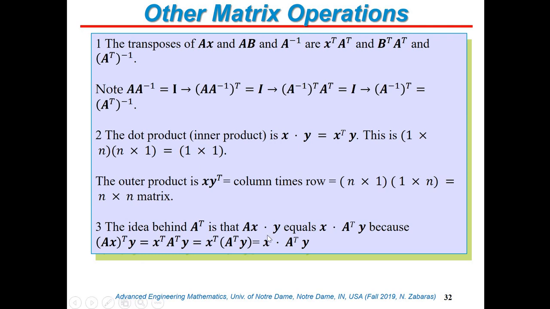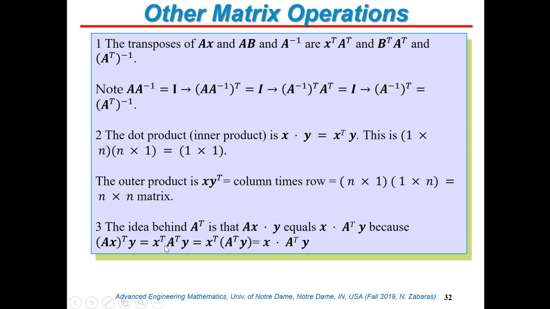So let's say that we need to compute the inner product of AX, so A is a matrix times X, with another column vector Y, okay? So by definition, this inner product is the transpose of AX times Y, right? That's how we define inner product.